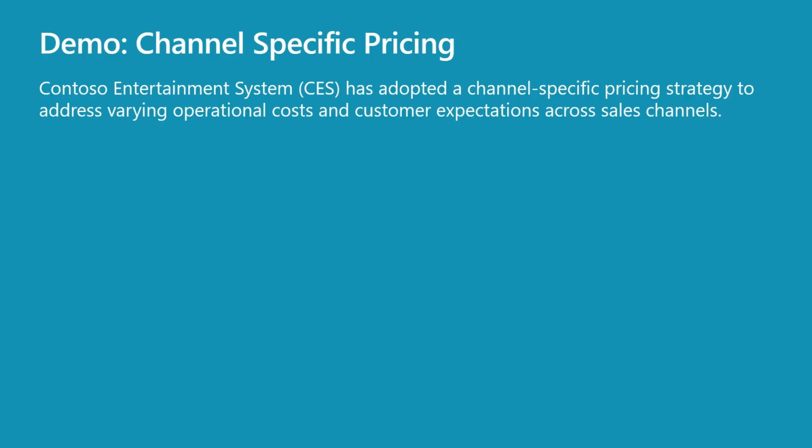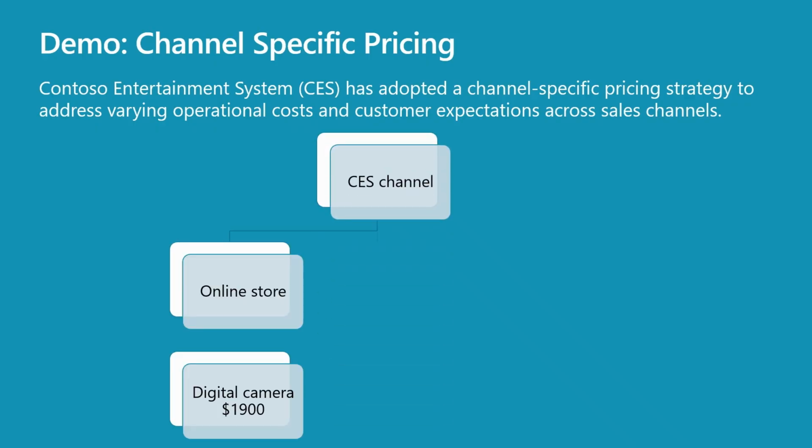Contoso Entertainment System is selling a digital camera 4K, and they've adjusted the price depending on the sales channel to reflect the differences in costs. For the online store, Contoso Entertainment System is offering the camera at $1,900, which targets cost-sensitive customers.